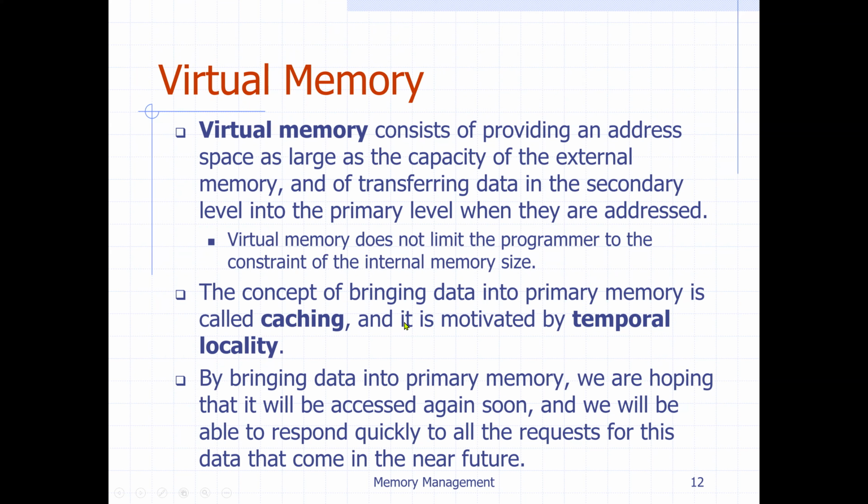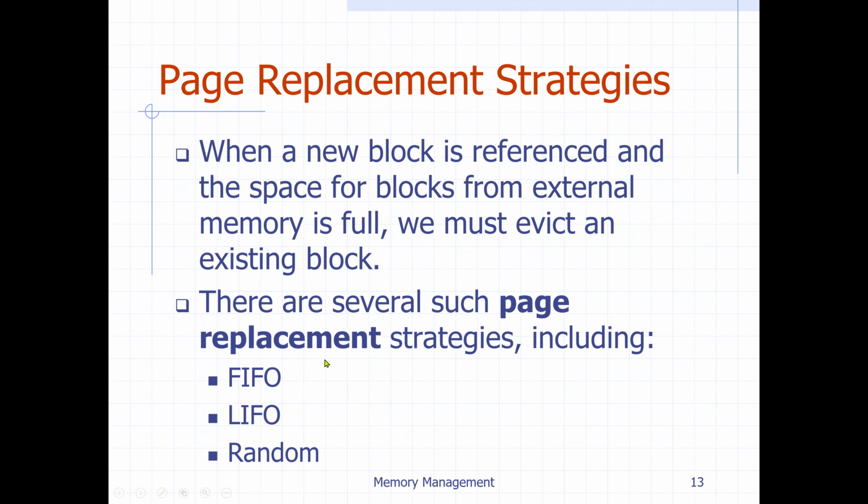The concept of bringing data into primary memory is called a cache, and it's motivated by temporal locality. We also use the term principles of locality. By bringing data into primary memory, we are hoping that it will be accessed again soon, and we'll be able to respond quickly to all the requests for this data that come in the near future.